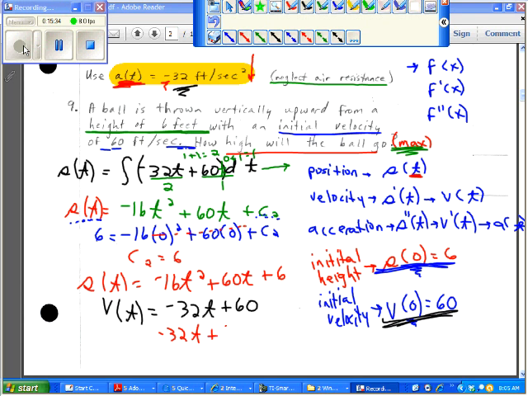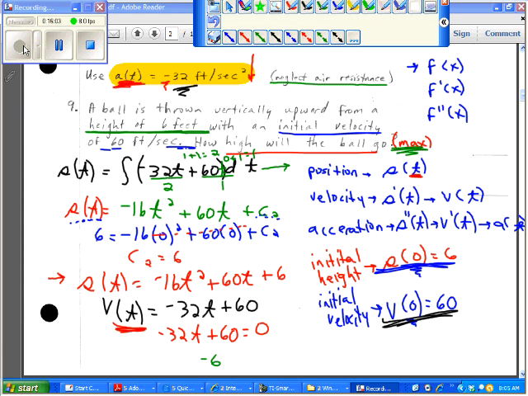Negative 32t plus 60 equals 0. Because the velocity function is the derivative of the position function. And if I would like to find critical numbers for my position function, hopefully find the relative max or min, then I need to find the derivative, which is velocity. And I need to set that equal to 0 to find my critical number.